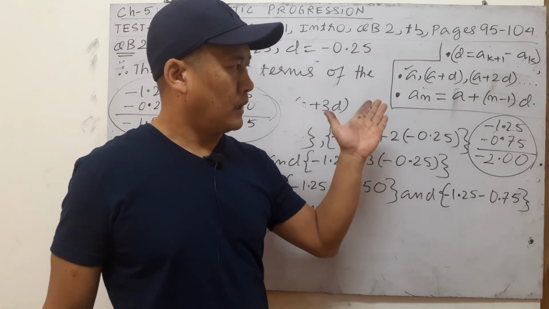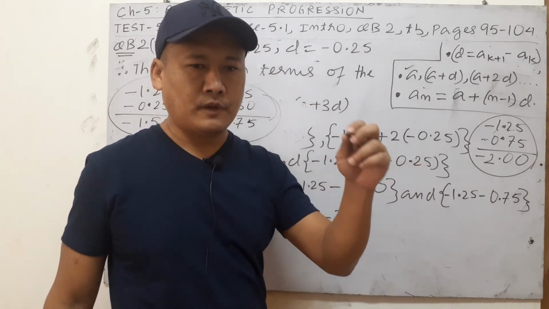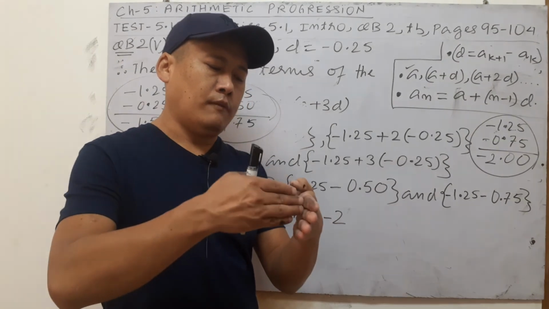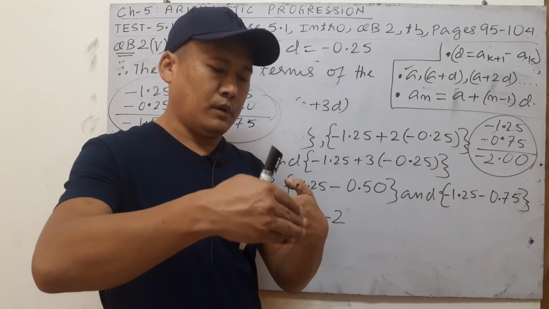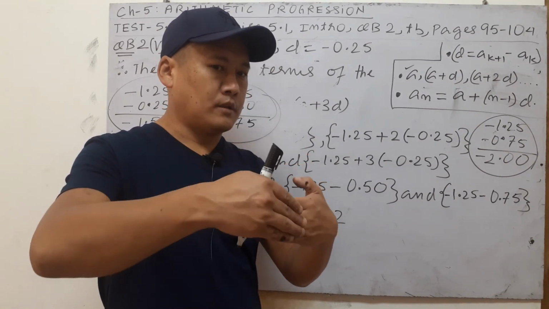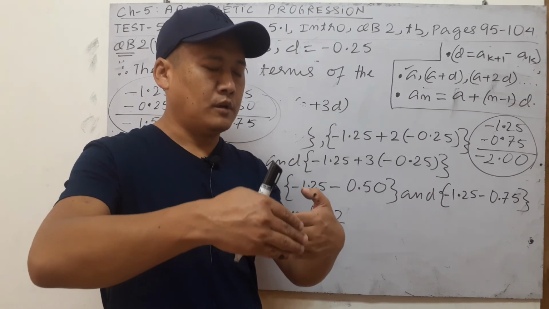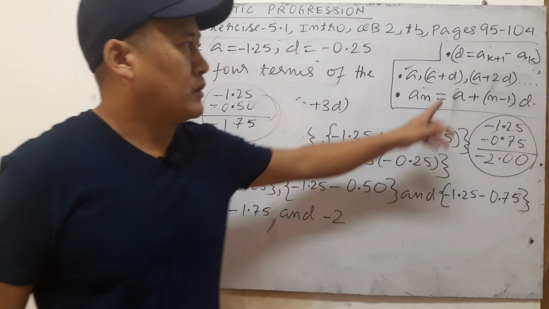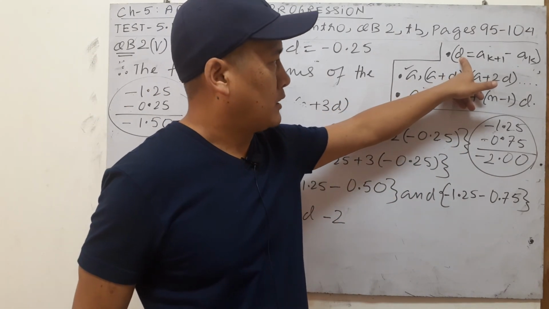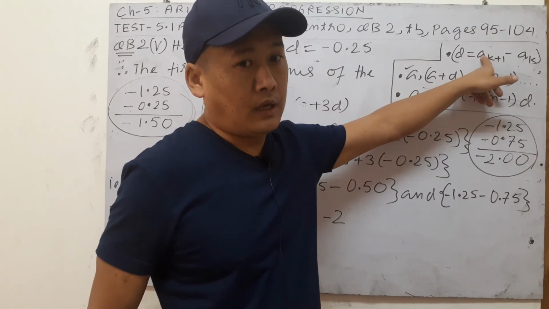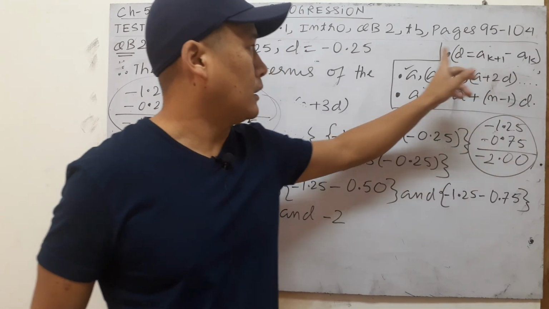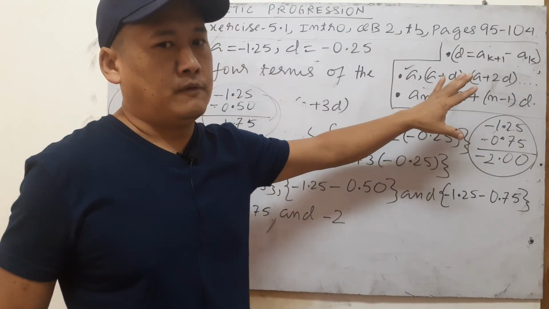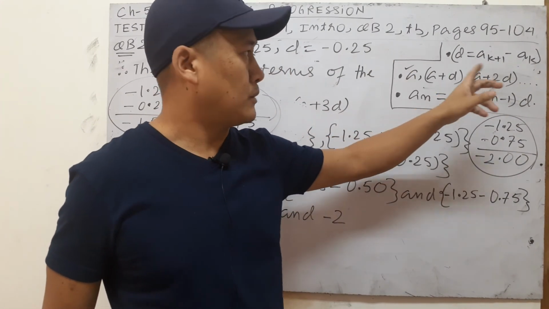So if any set of numbers satisfies this condition, that every number is obtained by adding a fixed common difference, a fixed number, to the preceding term, that's called an AP. Under AP, the common difference is given by the formula d, small d is the common difference, a_(k+1) minus a_k.